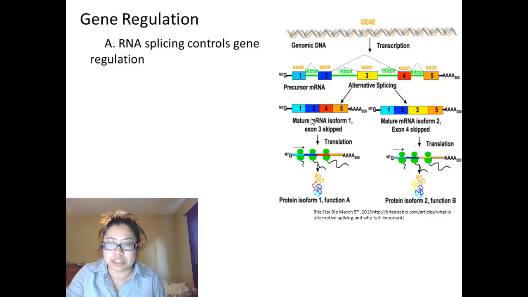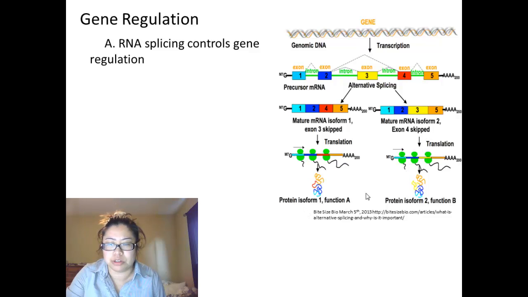In splicing, you can have exons 1, 2, 4, and 5, or you can have 1, 2, 3, and 5, depending on whether exon 3 or exon 4 is excised out. This one will make a mature mRNA isoform 1, where exon 3 is skipped, and over here, exon 4 is skipped.